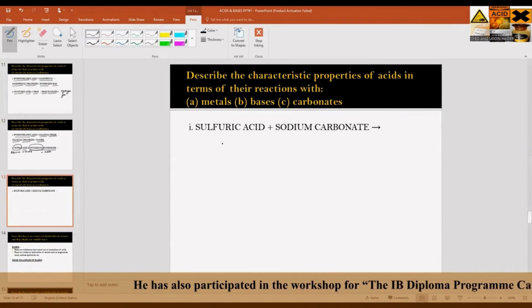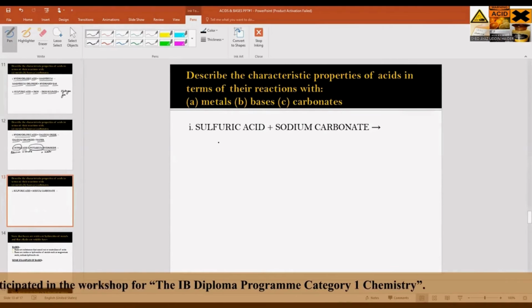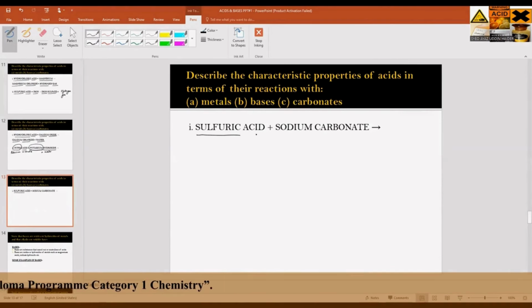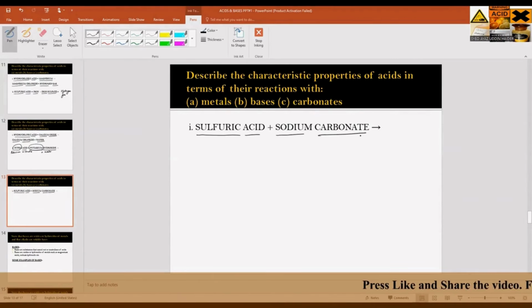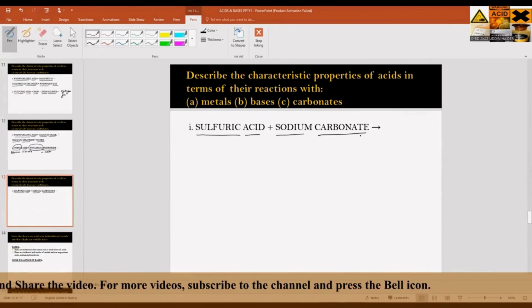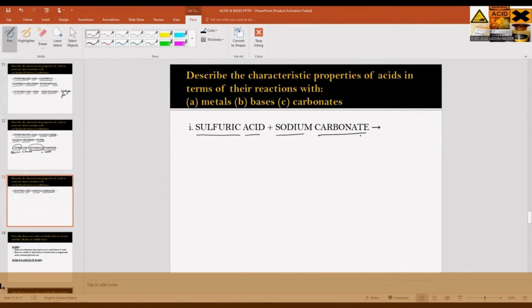Can you predict the name of the products for the reaction between sulfuric acid and sodium carbonate? You see the acid is sulfuric acid and the carbonate is sodium carbonate. This is the metal sodium, so you write sodium here. In case of sulfuric acid, the salt will be sulfate.